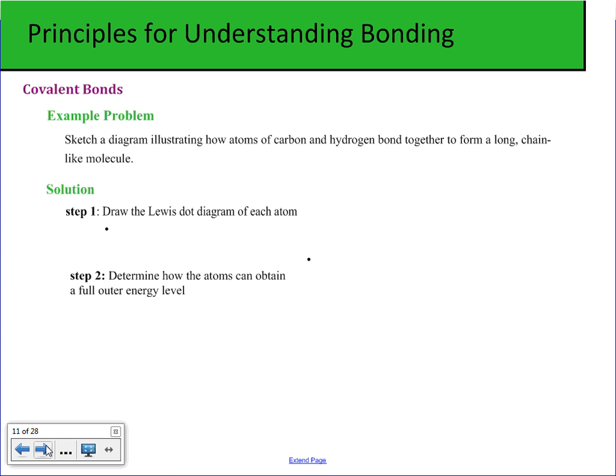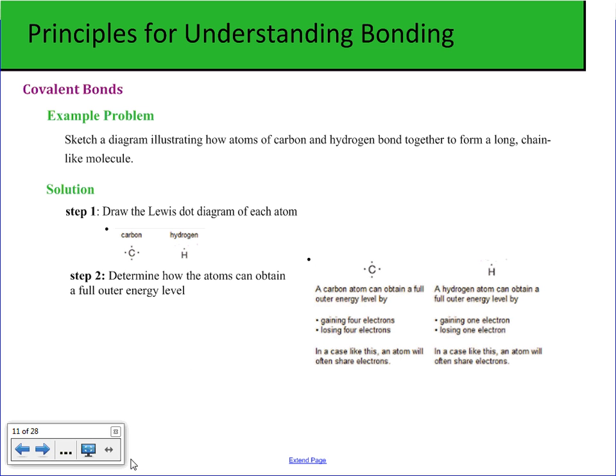So our example problem. Sketch a diagram illustrating how atoms of carbon and hydrogen bond together to form a long chain-like molecule. So step 1, we need to draw the Lewis dot diagrams for each atom. Carbon having 4 valence electrons and hydrogen having 1. Step 2, we need to determine how the atoms can obtain a full outer energy level.